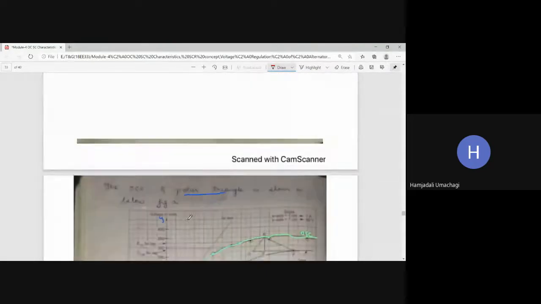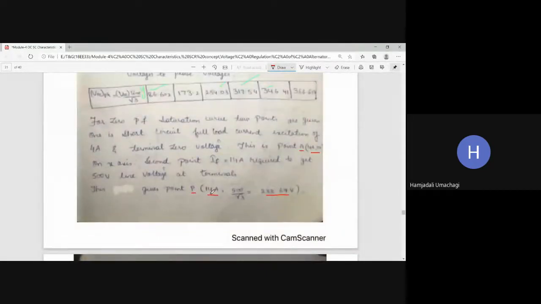Now mark the second point. What is the second point's information? Point P, excitation is 14 ampere. For this excitation, the voltage you will get is 288.67 volts.